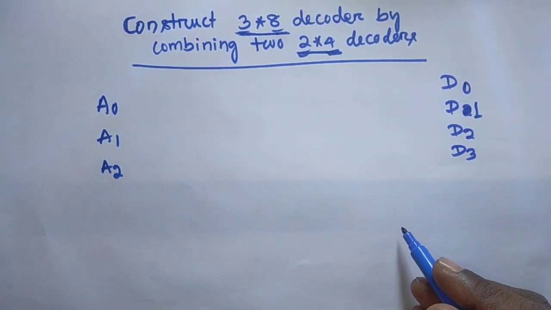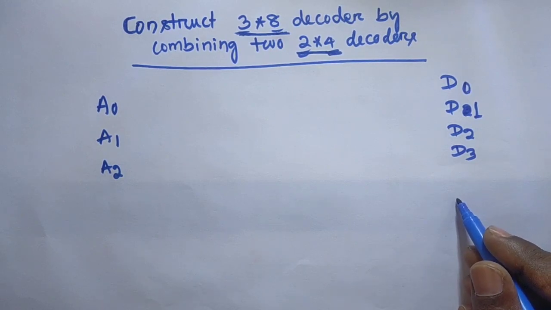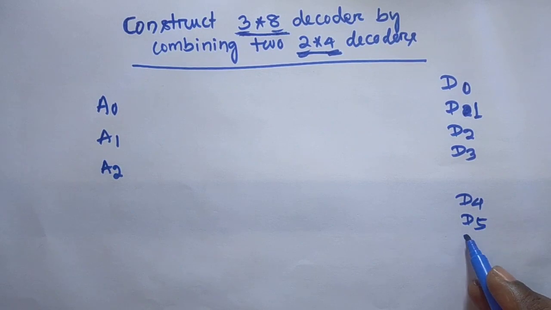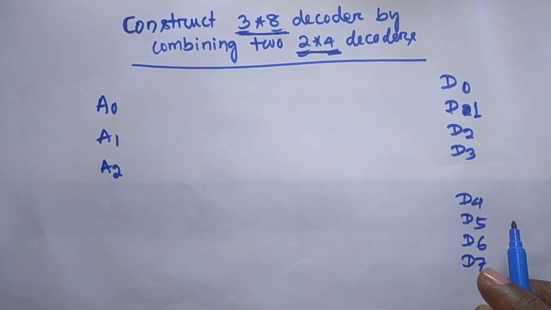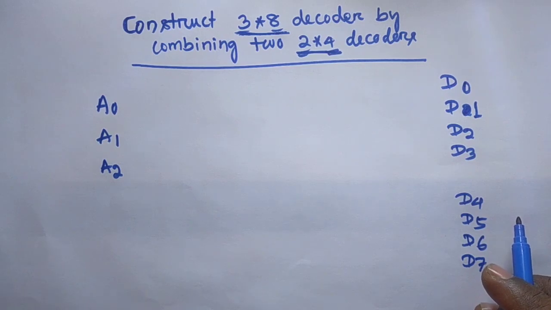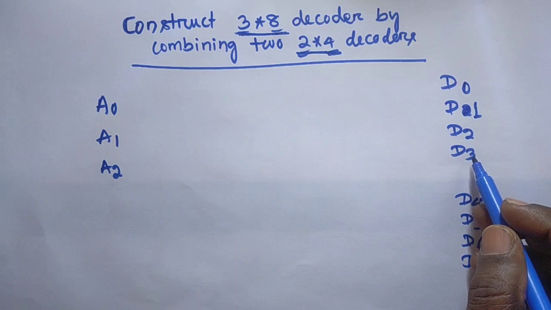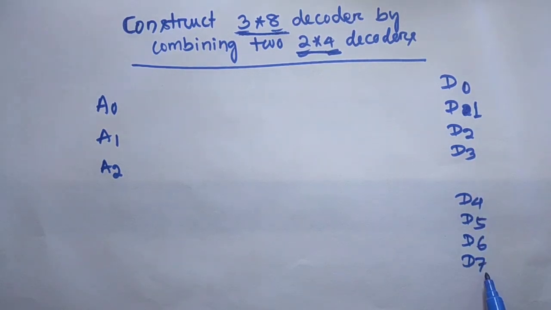Another part is D4, D5, D6, D7. Here a question may arise about why the outputs are defined in different groups, D0 to D3 and D4 to D7.